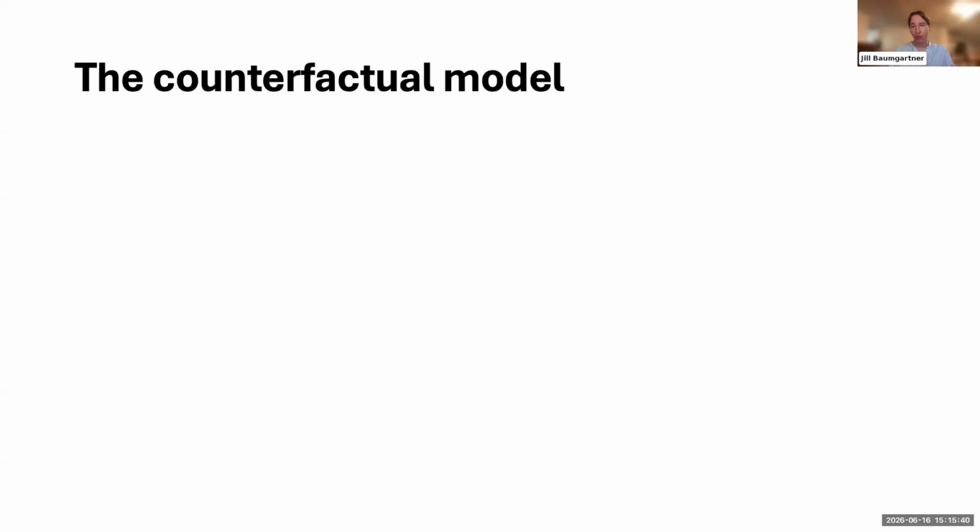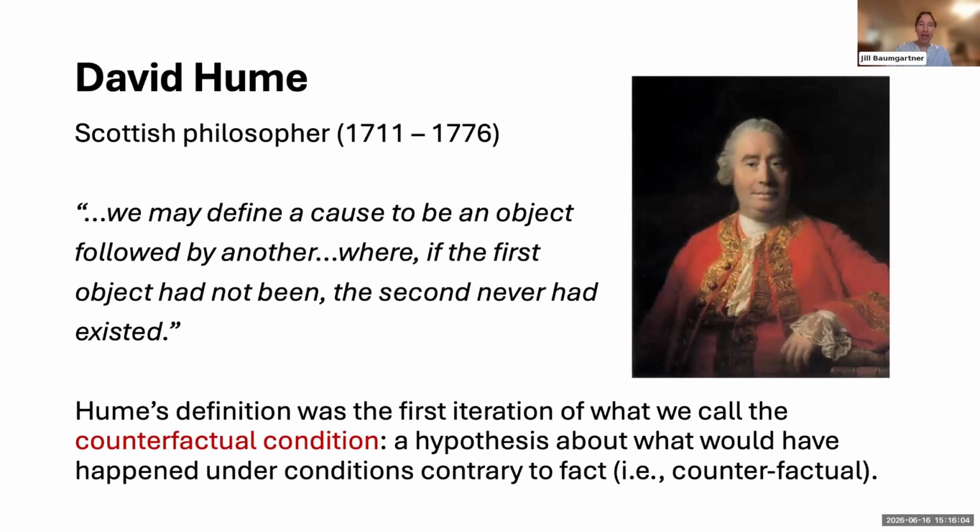That's the foundational piece behind what we're referring to when we talk about causal inference or causal effects. It was developed by both philosophers and statisticians, and it's now the dominant model for epidemiology, but also in most other scientific fields. So causal inference is not unique by any means to epidemiology, and it's not a new concept.